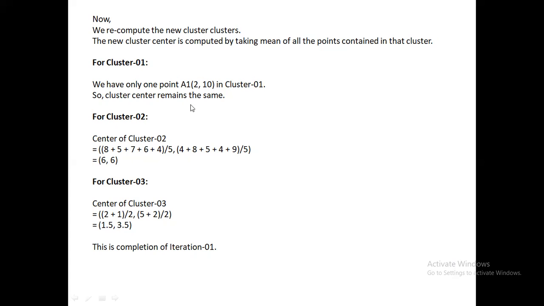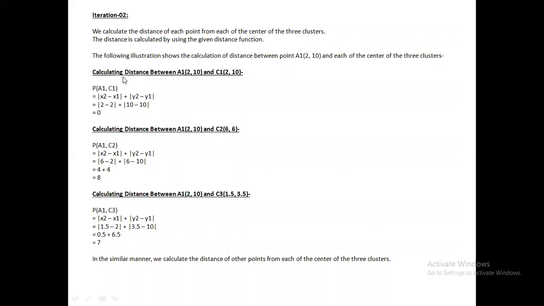Now you have formed the 3 new cluster centers: (2, 10), (6, 6) and (1.5, 3.5). Using these cluster centers, we calculate iteration 2. As we calculated the distance between each data point and the clusters before, we will calculate the distance between each data point and the newly formed clusters.